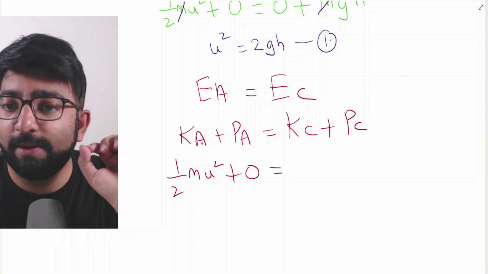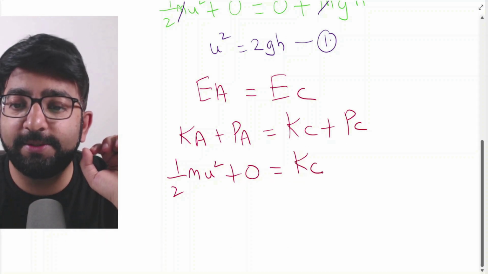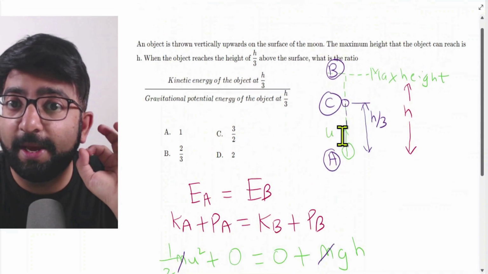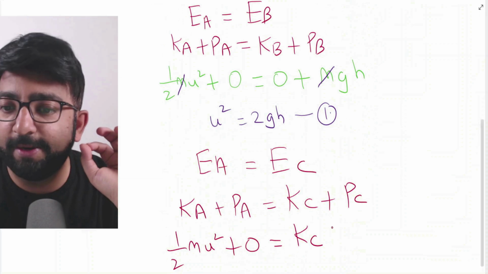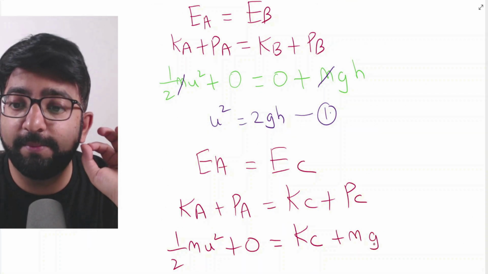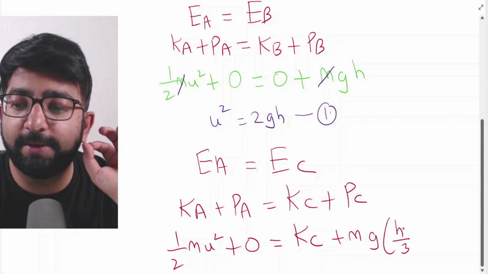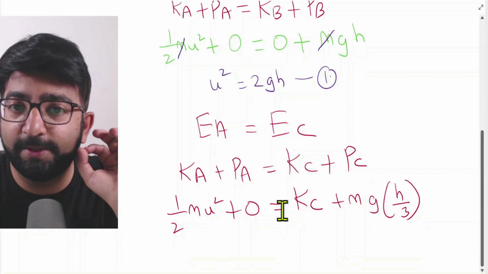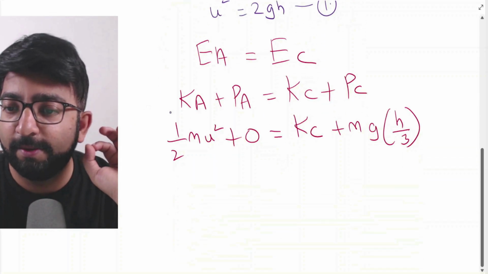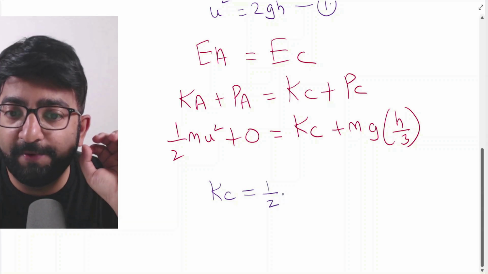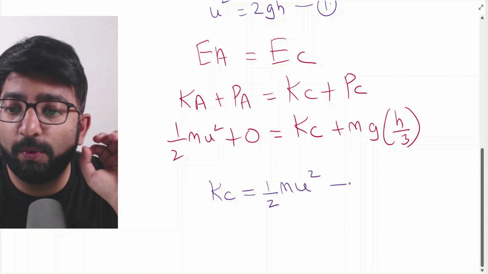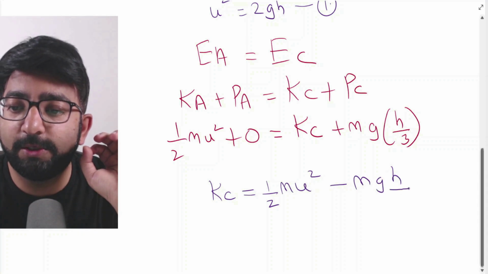Now at C, let's say the kinetic energy is Kc and the potential energy will be mgh, but the height for C is h by 3. So we will write potential energy at C will be mg multiplied by h by 3. Now let us try to simplify this expression to get Kc. Let us make Kc the subject.